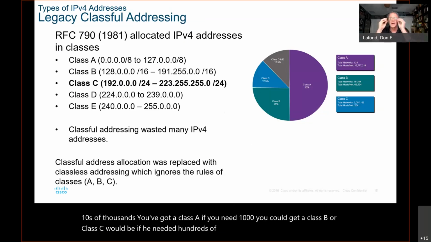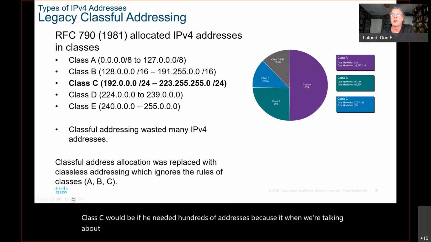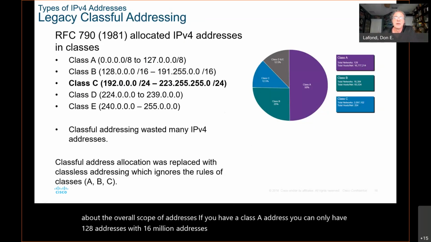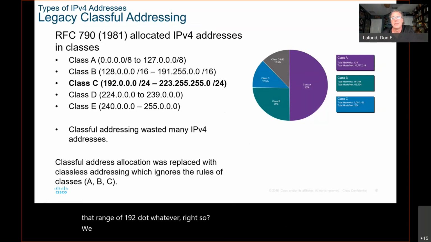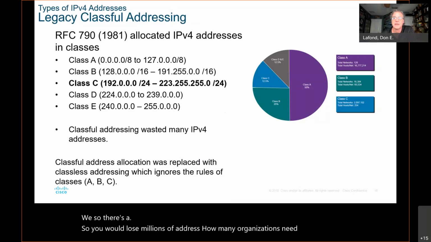If you have a class A address, you can only have 128 networks with 16 million addresses in each, so you would lose millions of addresses. How many organizations need 16 million addresses, right?